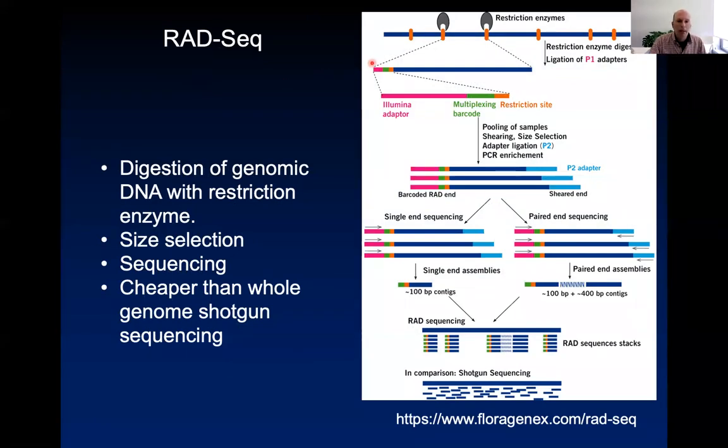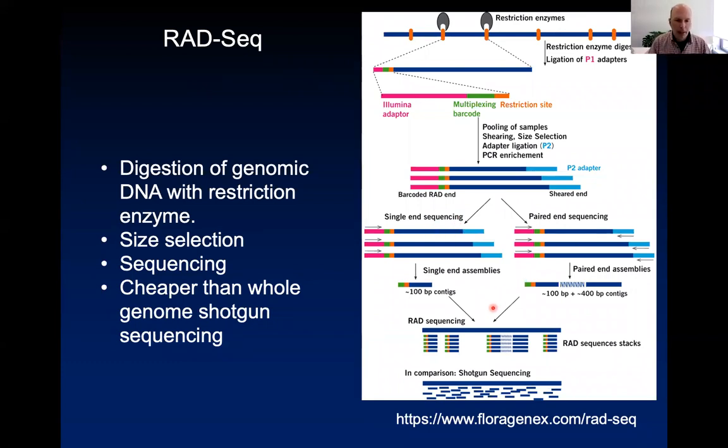And this works by, if you take a genome, like this line here, you cut it with restriction enzymes, and then you can ligate adapters onto those fragments. There's a size selection step, and then those fragments can be sequenced with Illumina, either with single-end or paired-end sequencing.